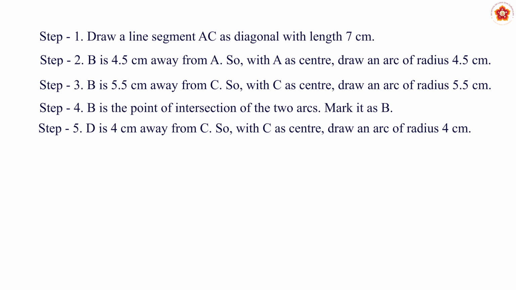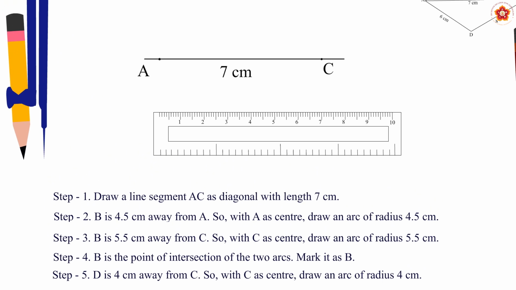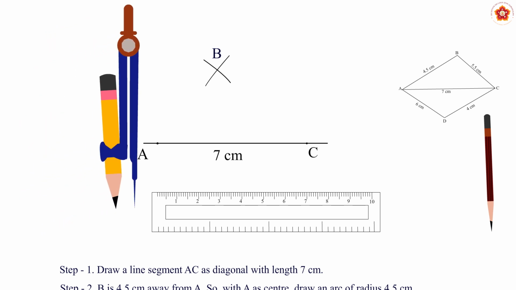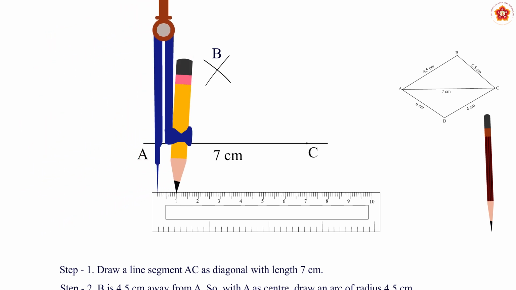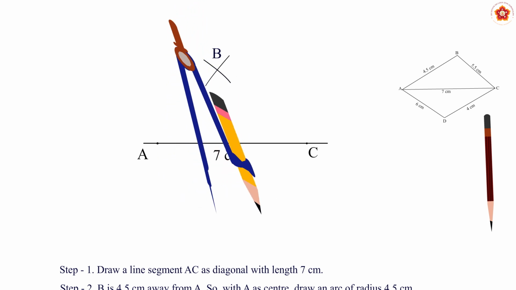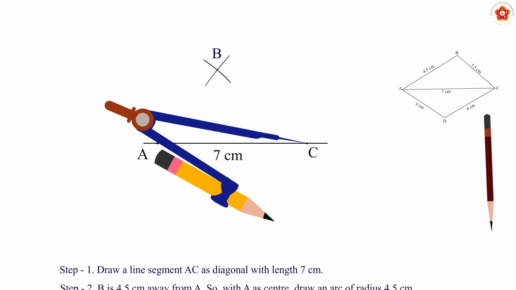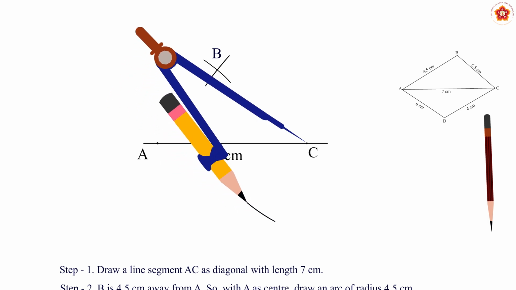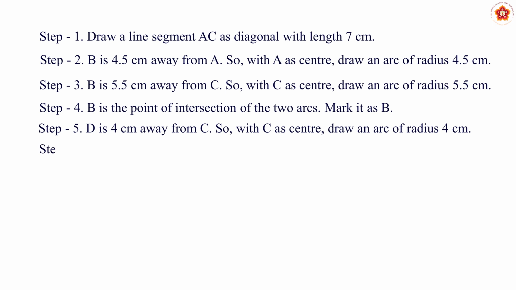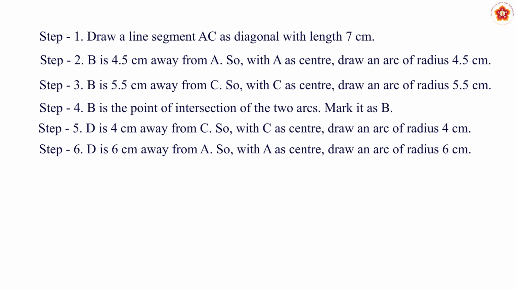Come on, take your compass again, keep it on the scale, stretch the compass. How much? 4 centimeters. So with C as center, draw an arc below the line, because we are locating the point called D. But the D is 6 centimeters away from A. So with A as center, draw an arc of radius 6 centimeters.